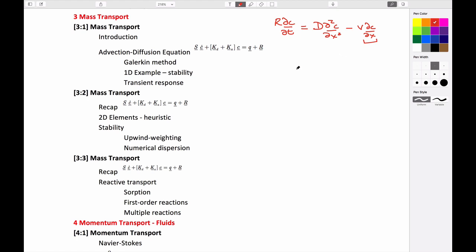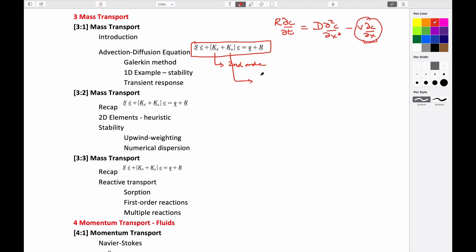And in that particular case, if we wrote out the system equations, they would look exactly like this, just by rearranging them. And this diffusive term would be the same as our second order term that we talked about in terms of pressure diffusion, but this advective term would be the one that would represent this.